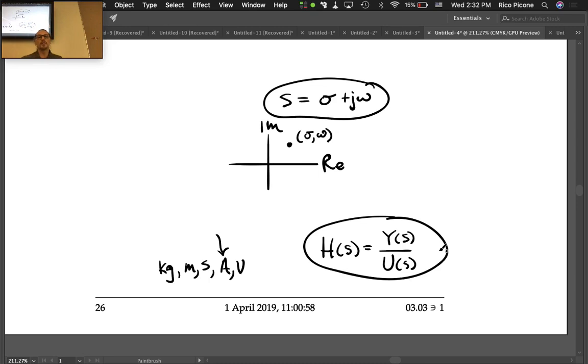So say your output is a mass flow rate. It could be kilograms per second, I guess. But if you used grams when you put your mass parameter in there, then it would be in grams per second.